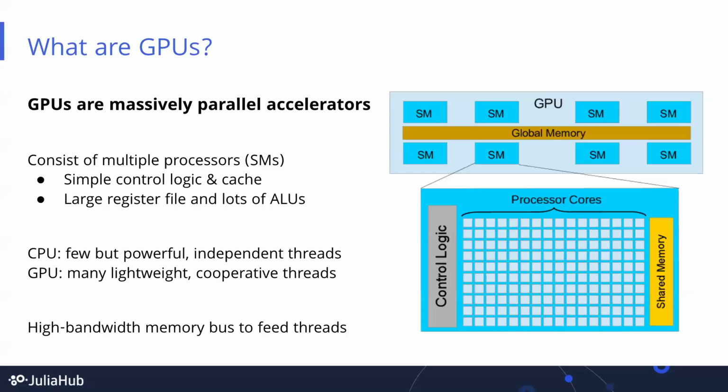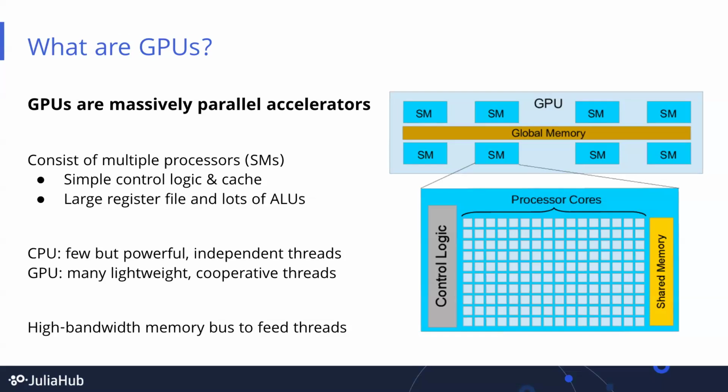But before all that, I'll very briefly mention what a GPU is. Most of you will probably be familiar with GPUs as massively parallel hardware accelerators. As you can see in this very small diagram, typically a GPU consists of multiple processors called streaming multiprocessors with some global memory.